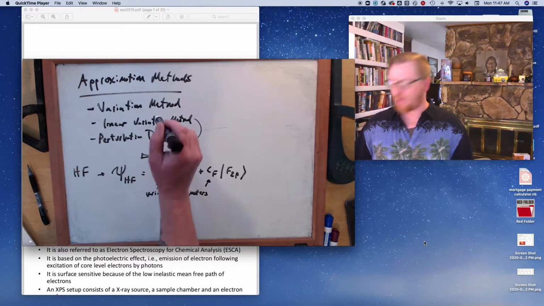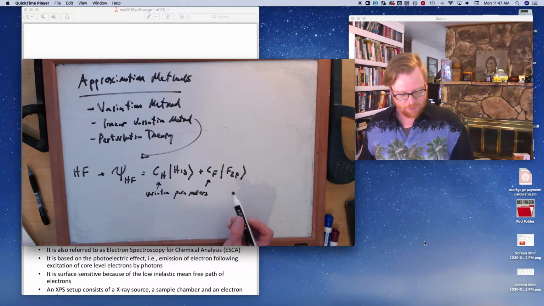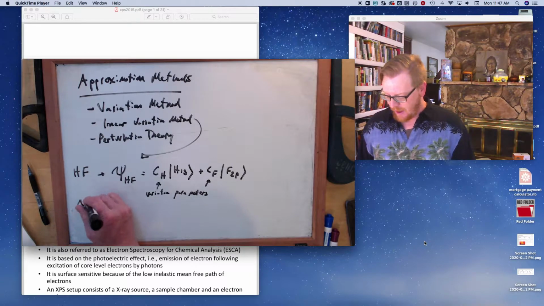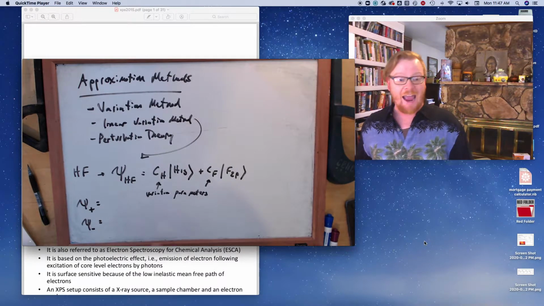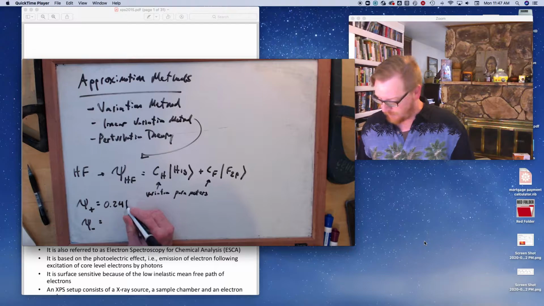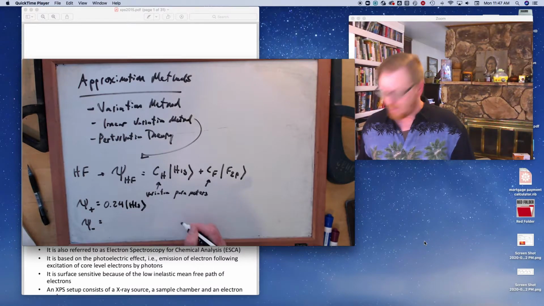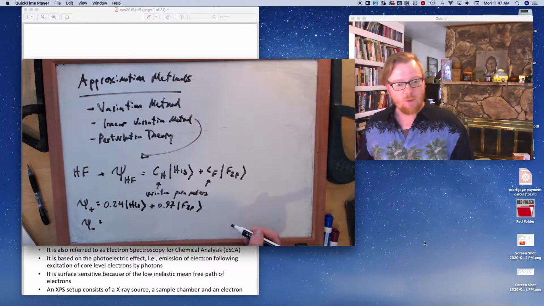When you go through and do this variation method and calculate what these variation parameters should be, you get parameters for the psi plus bonding state and for the psi minus anti-bonding state. For the psi plus state for HF, you get 0.24 times the H1S wave function plus 0.97 times the F2P wave function.